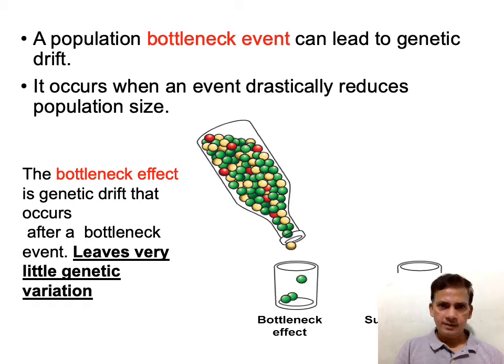And if this very little genetic variation is passed on for a couple of generations, their survival chances will be very low. So in a way we can say a population bottleneck event can lead to genetic drift, or the overall genetic variation could be less, since only few individuals will be left after a bottleneck event.